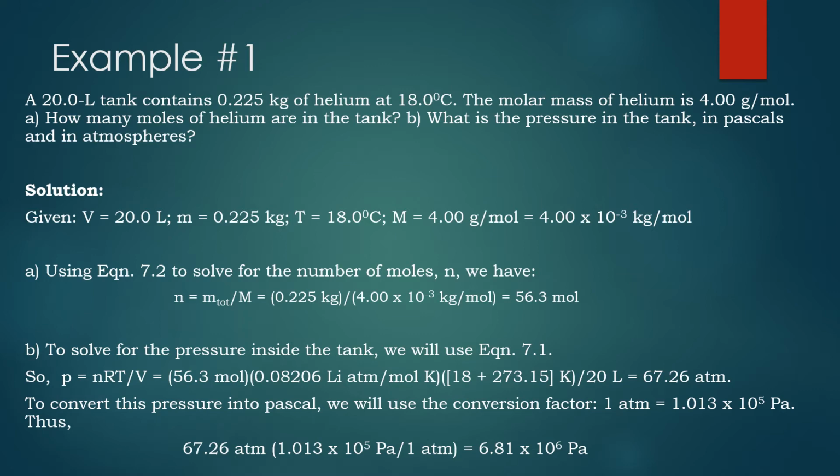Letter B. To solve for the pressure inside the tank, we will use equation 7.1. So, from pressure equals nRT over V, we have 56.3 moles times 0.08206 liter atmosphere per mole Kelvin times 18 plus 273.15 Kelvin divided by 20 liters.